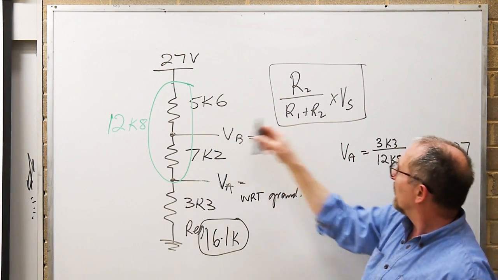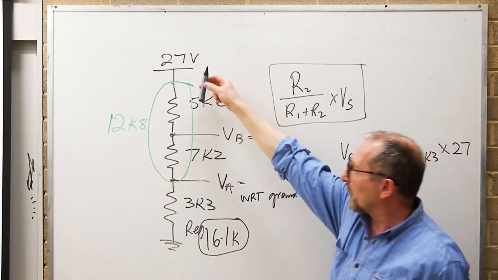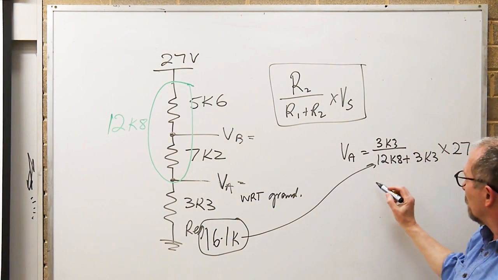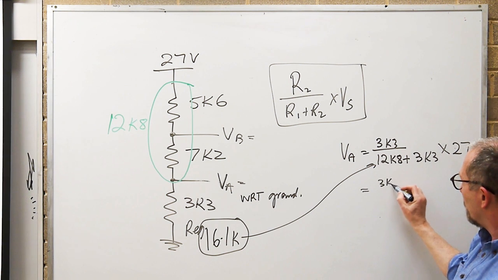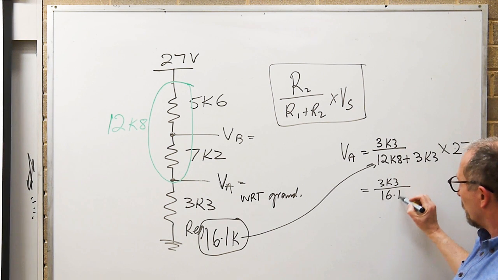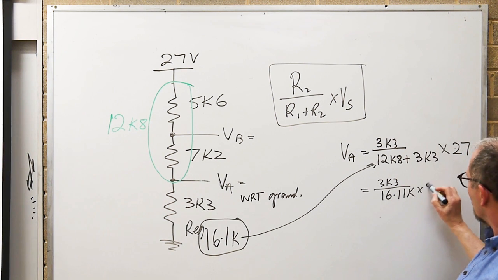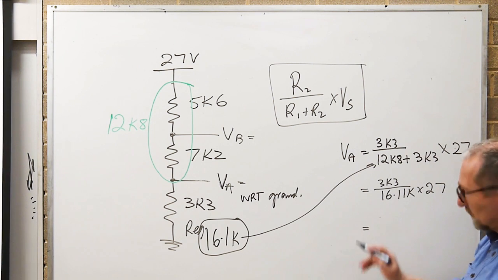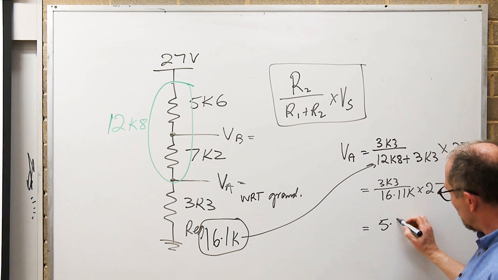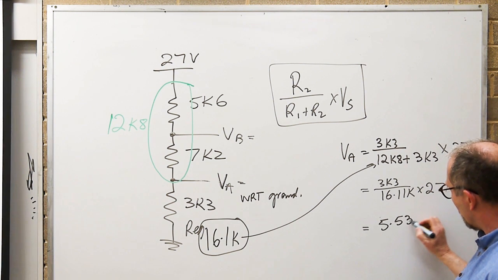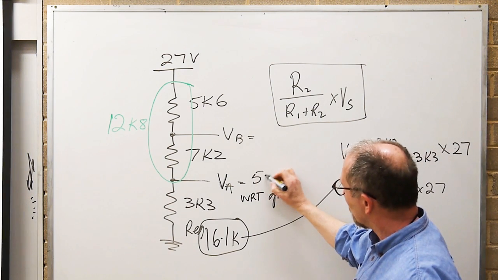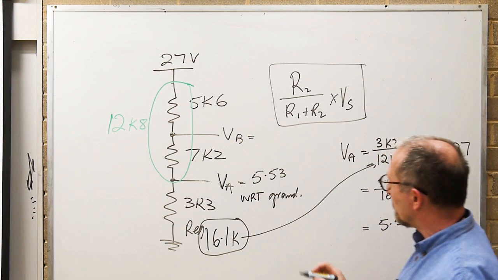Because by the time you add R1 and R2, you've just got the whole network, and the whole network we already knew was 16.1K. So that's 3K3 divided by 16.1K times 27. Thank you, David. You're on the ball. 5.53 volts. And that again is VA. 5.53.